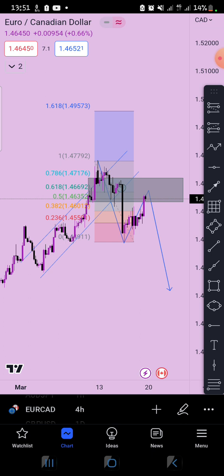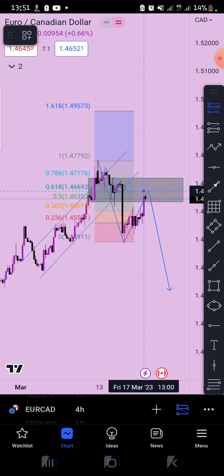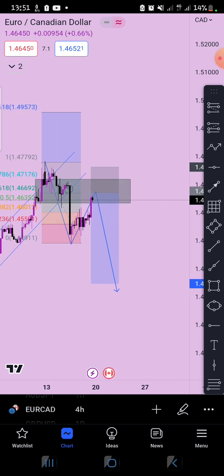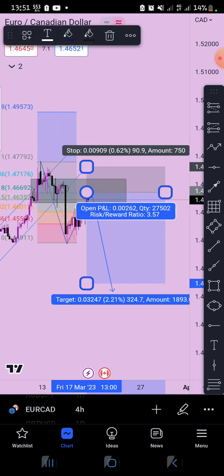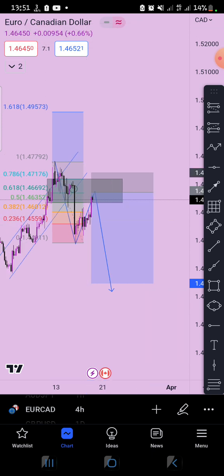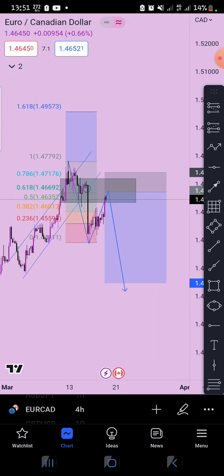So my entry for this trade will be somewhere around here, and then I take my trade down, my stop loss just above the candlestick that will be formed at that point, and that's how I will have estimated my entry point using the Fibonacci retracement tool.